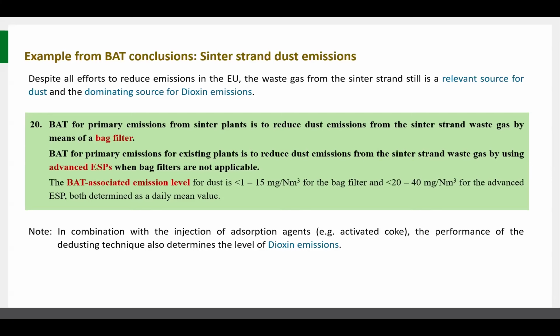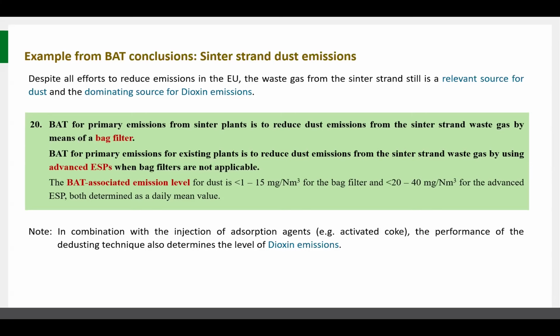So then BAT is to use advanced ESPs, and then the BAT-associated emission level is higher, from 20 to 40 milligrams, because it's not considered possible to achieve levels below 15 with an ESP.